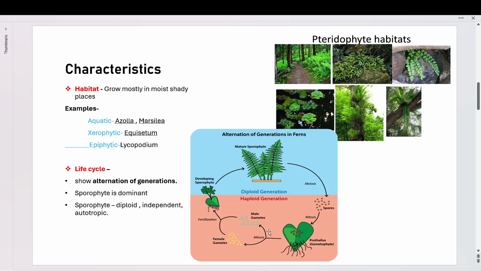With the process of mitosis, it produces a number of male gametes and female gametes. Then after that, male gamete and female gamete are fertilized. After the fertilization, they produce a diploid zygote, and this zygote further grows or develops into a sporophyte. And after that, a mature sporophytic plant body is generated. This life cycle is of that type.